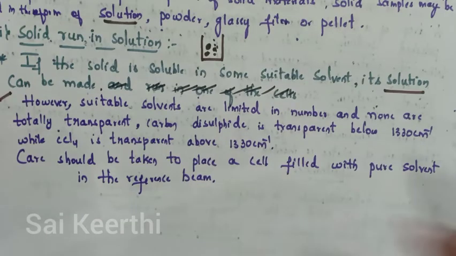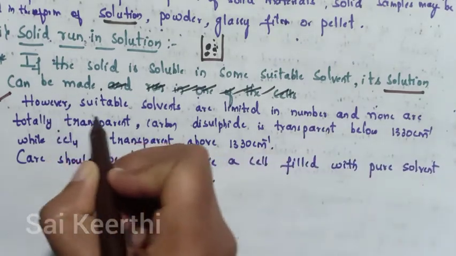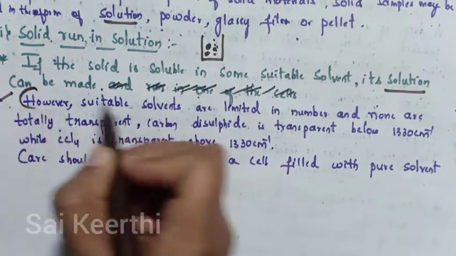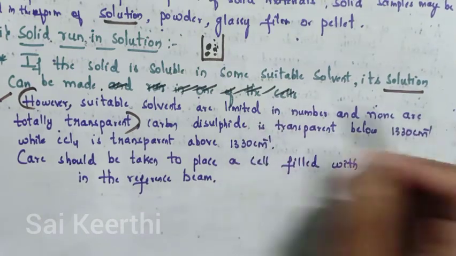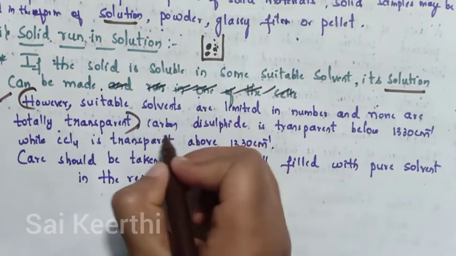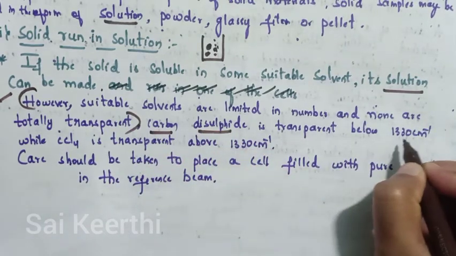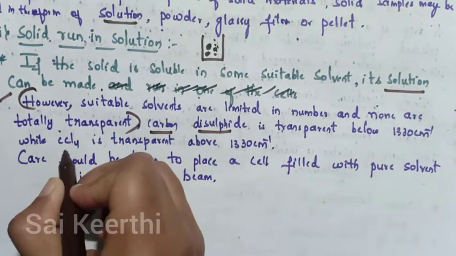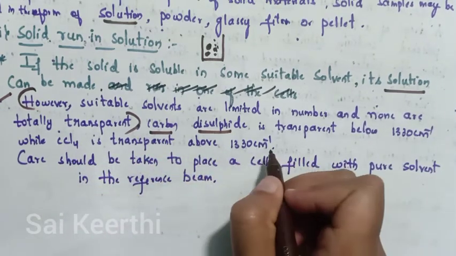The second point: however, suitable solvents are limited in number and none are totally transparent. And this is a very important point. Suitable solvents are very limited in number and none are totally transparent. Carbon disulfide is transparent below 1330 cm inverse, while CCl4 is transparent above 1330 cm inverse.